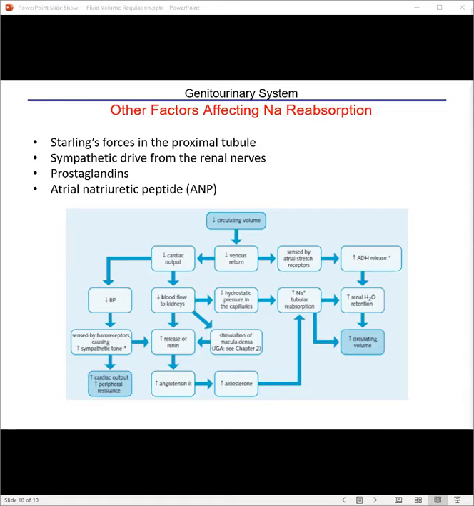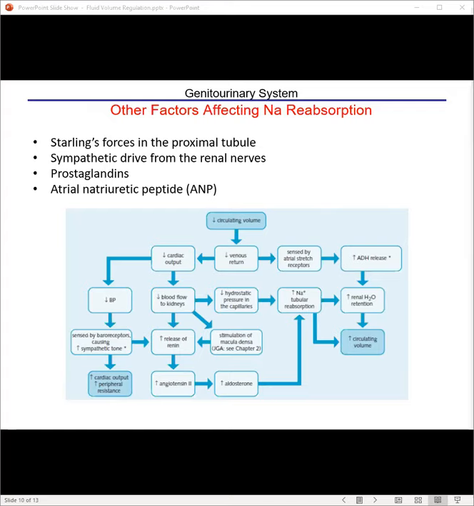So this is affected: increase in hydrostatic pressure and decrease in oncotic pressure. So sodium chloride and water absorption by the proximal tubule cells will also decrease. So this is your Starling forces and how they affect sodium reabsorption in the proximal tubule.